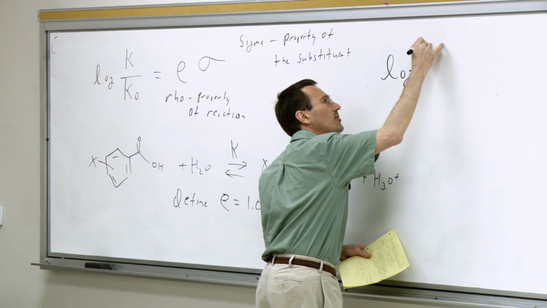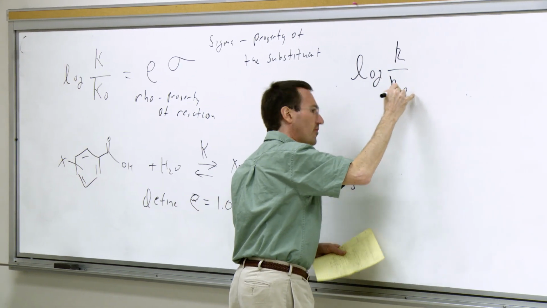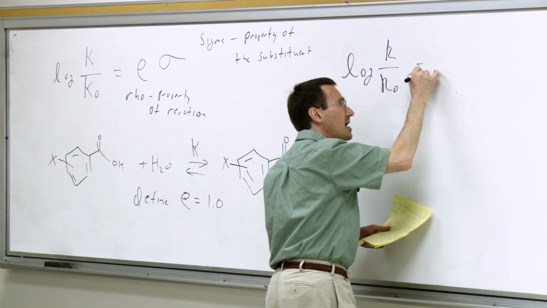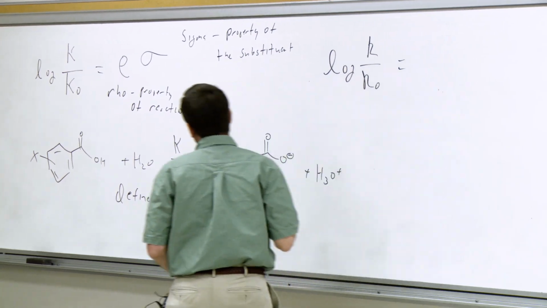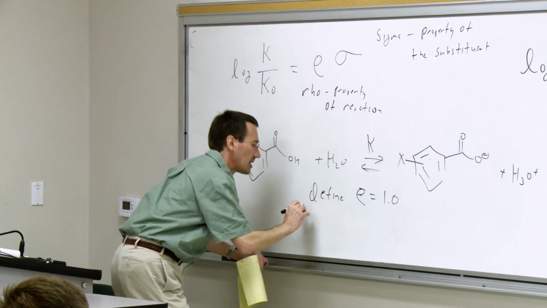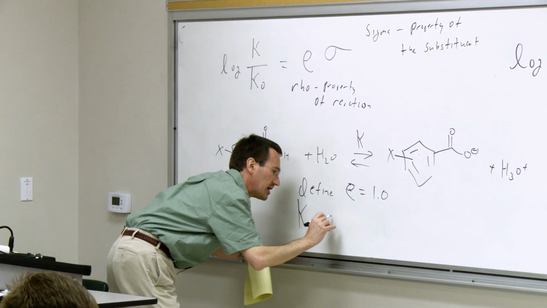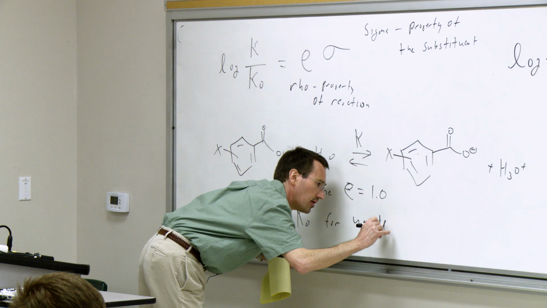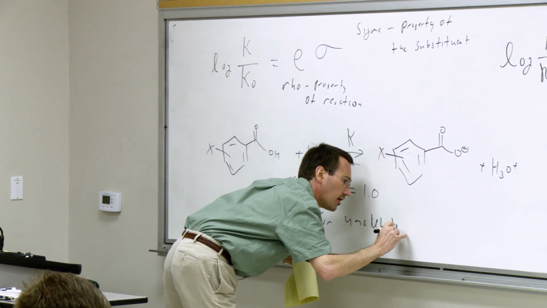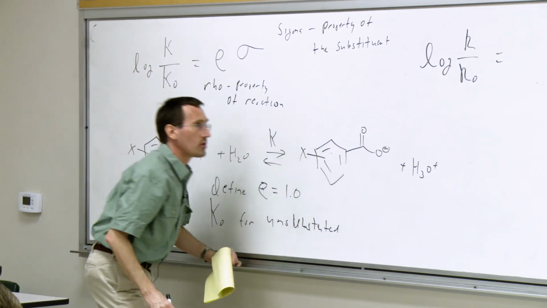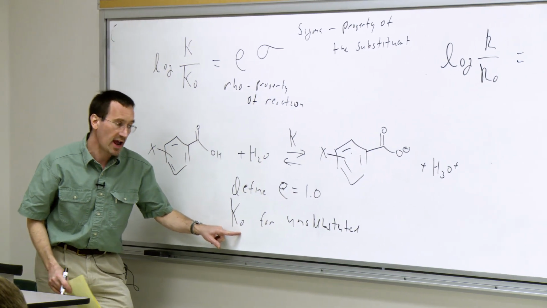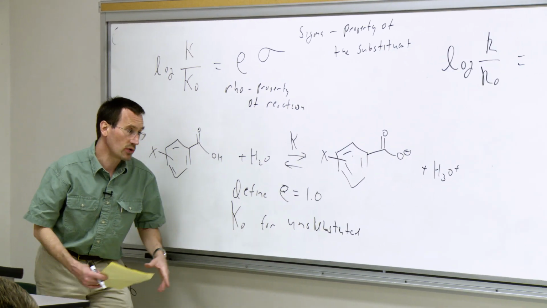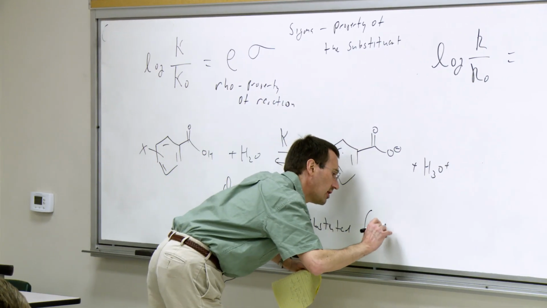So in other words, we can write a parallel reaction for rates, log K over K naught. The naught, by the way, means K naught here is for benzoic acid, for unsubstituted, so K naught is for the substituent X equals hydrogen.